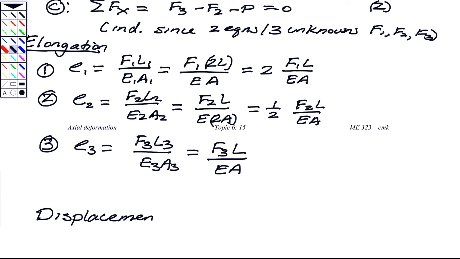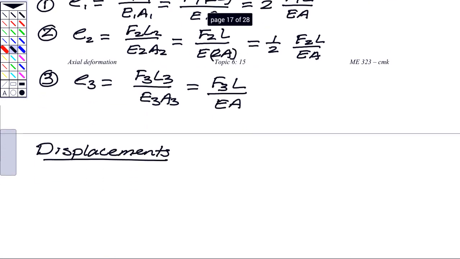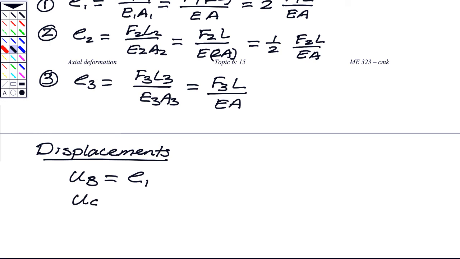So for displacements, what I will say is that the actual displacement of coupler B is just the elongation of element 1. The displacement of coupler C is the elongation of 1 added to the elongation of 2.